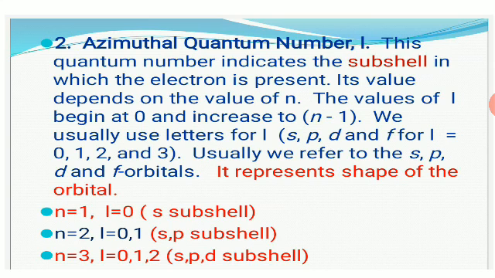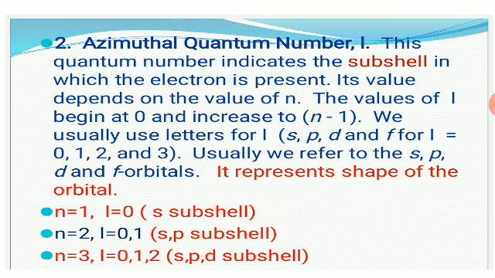The second one is the azimuthal quantum number, which is denoted by l. This quantum number indicates the subshell or the angular momentum of the electrons present in the energy level, and its values lie from 0 to n minus 1, and specific shapes are determined for the values of l. If l is 0, then it is the s subshell.